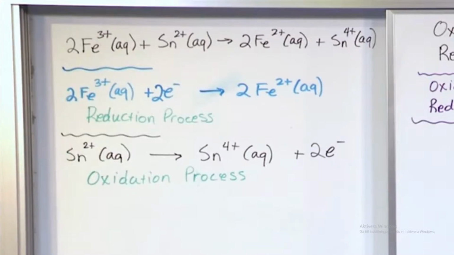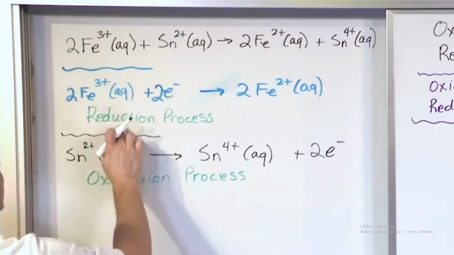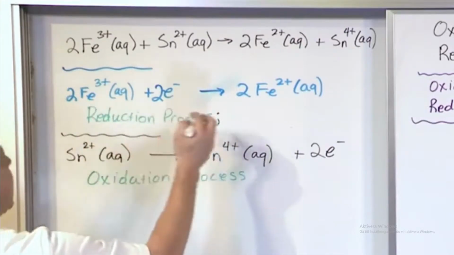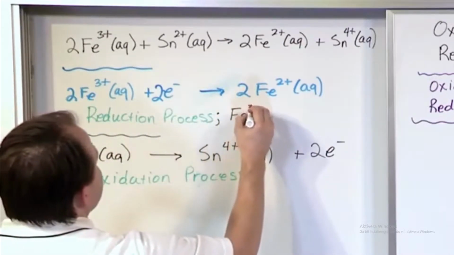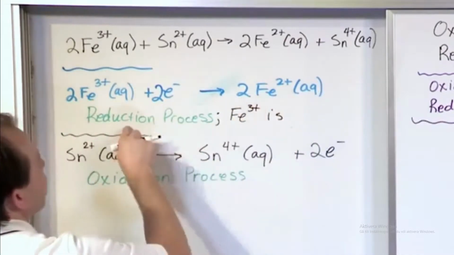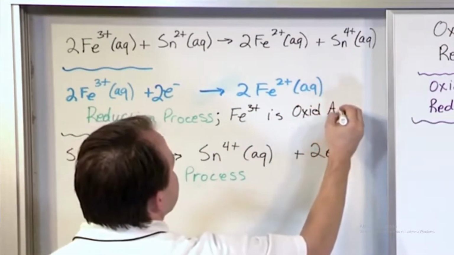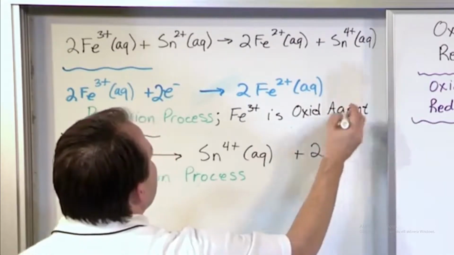So what we're trying to do is pick from what's on the left-hand side of the yield arrow which one is the oxidizing agent and which one is the reducing agent. And it's very easy here because now that I know this is a reduction process, I'm going to put a little semicolon, and I'm going to say Fe3+ is, since it says reduction process, the oxidizing agent. You just pick the opposite term.